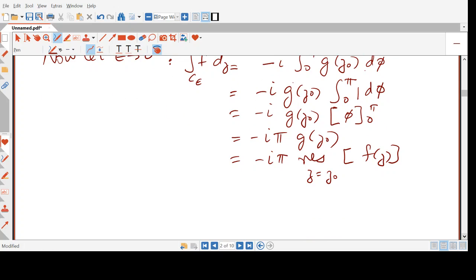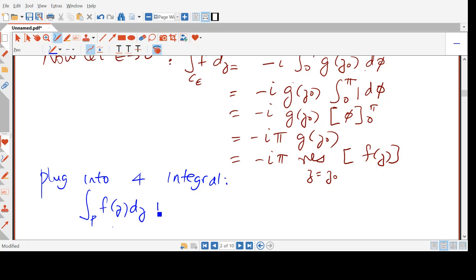So if we plug this now into the 4 integrals we had earlier, actually now we can call it 3 because 1 is not the principal value. We'll get the integral along p of f of z dz plus the principal value from a to b of f of z dz.